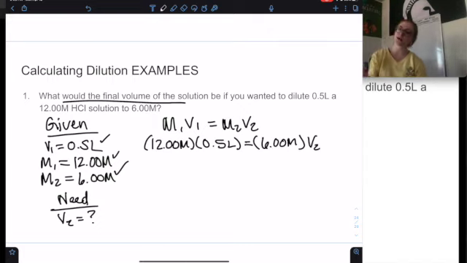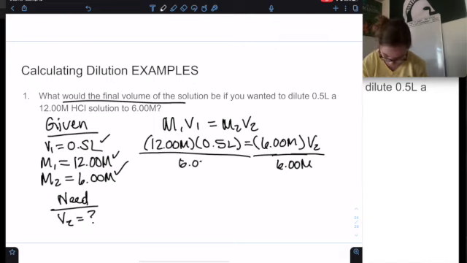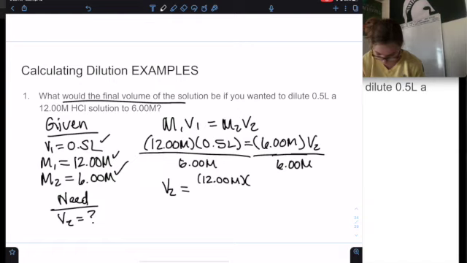So I've plugged into my equation and I can begin solving this. To get V2 by itself, I'm going to divide both sides by 6.00 molar. That leaves me with V2 by itself, and V2 equals 12.00 molar times 0.5 liters divided by 6.00 molar.